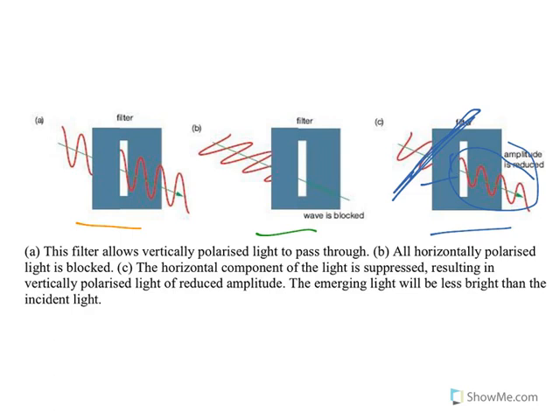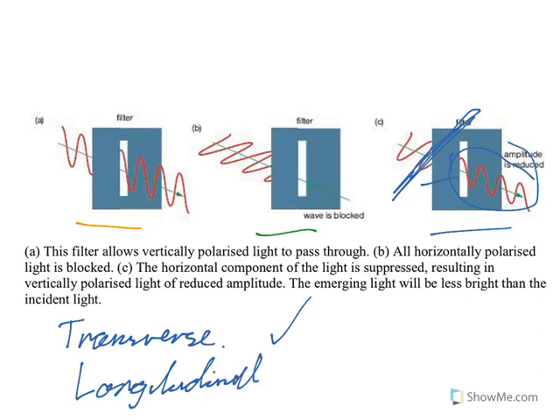Now, polarisation is significant in that transverse waves can be polarised, but longitudinal waves cannot be polarised. So that's evidence that light is a transverse wave.